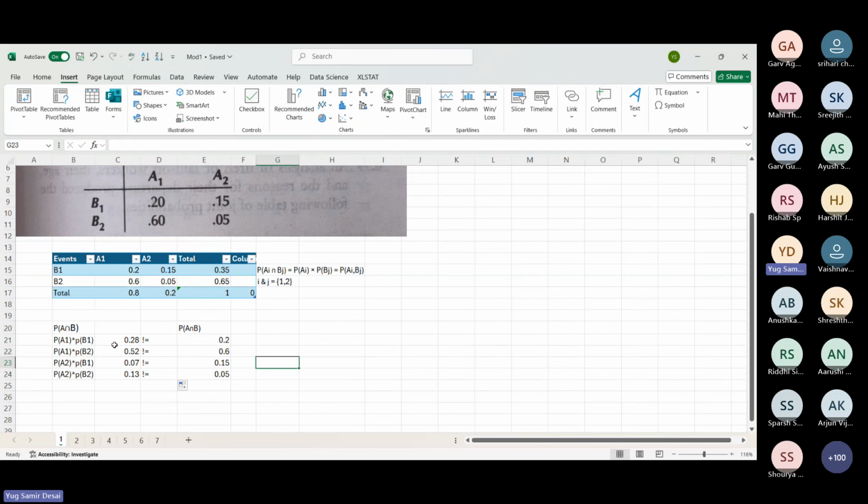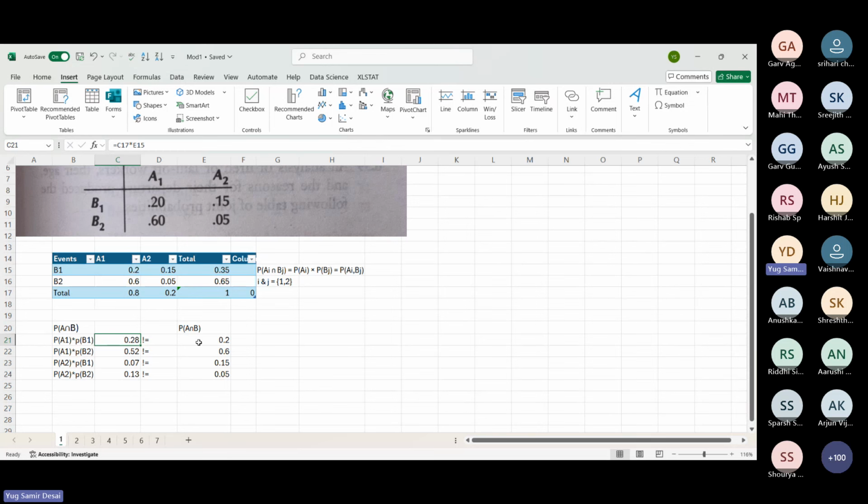Okay, coming back. None of these values match with the joint probability table that we are being given. For P of A1 intersection B1, what we calculated by multiplying the column and row total for A1 and B1, 0.8 multiplied with 0.35, we got the value of 0.28.